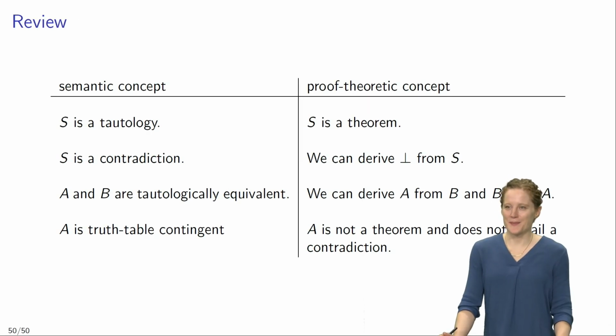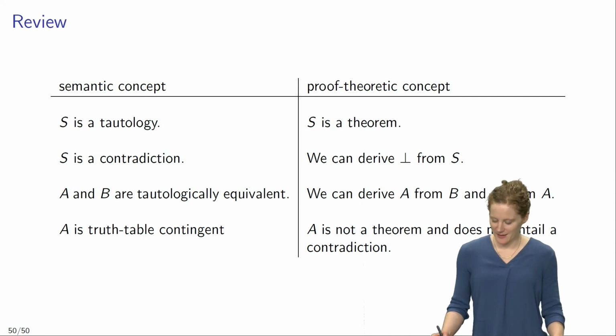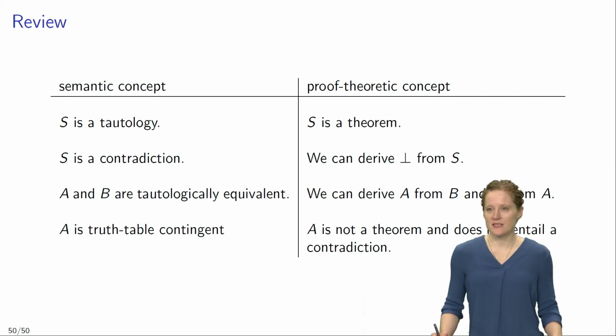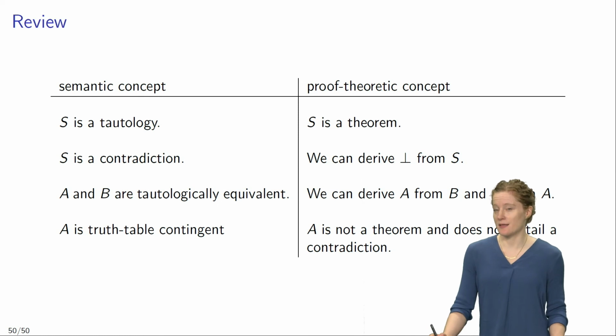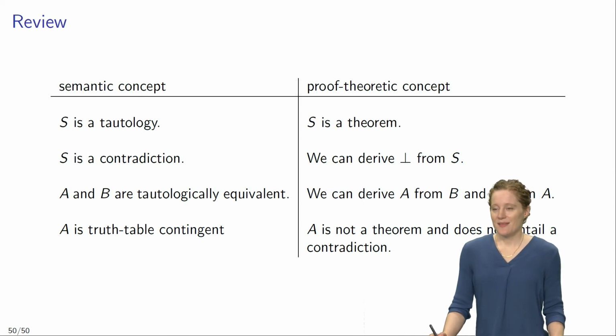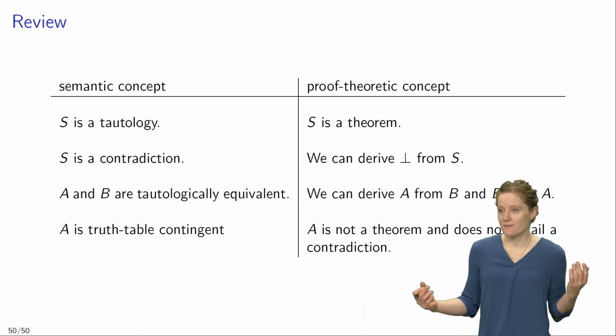Okay, what have we accomplished today? We have introduced several new proof theoretic concepts. In particular, we have introduced the concept of a theorem, and we have introduced two new symbols, the turnstile and the double turnstile. And then we started thinking about how truth tables relate to proofs.